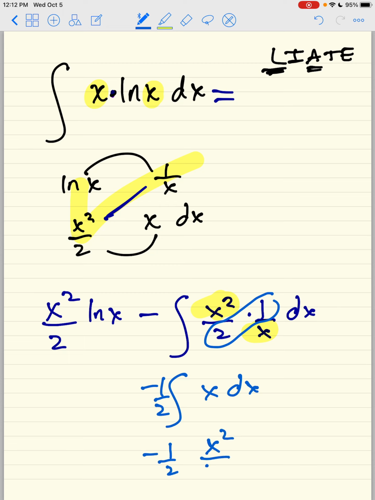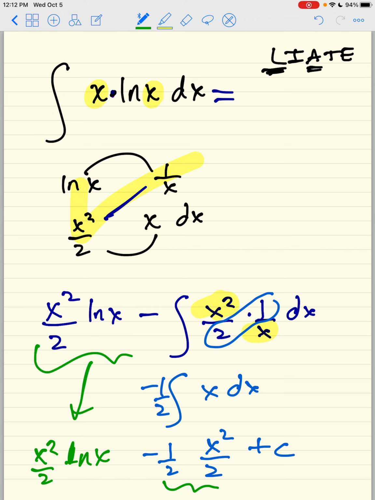Now you get the integral of that. The integral of x is x squared over 2. So these two become a 4 in the denominator. You have to attach this part along. So your final answer for this would be x squared over 2 natural log of x minus 1/4 x squared plus c.